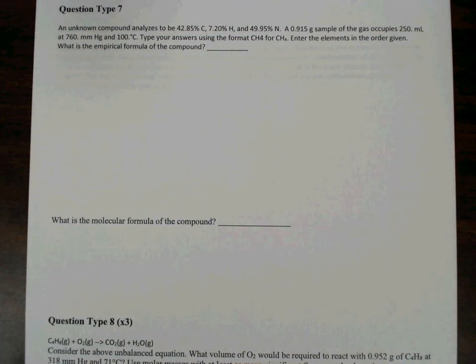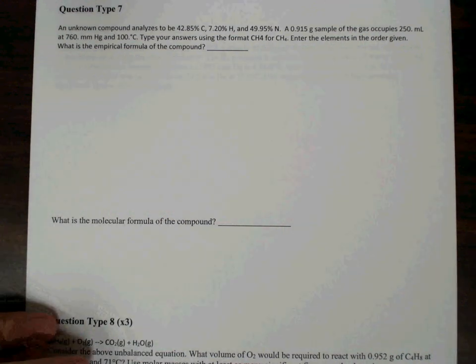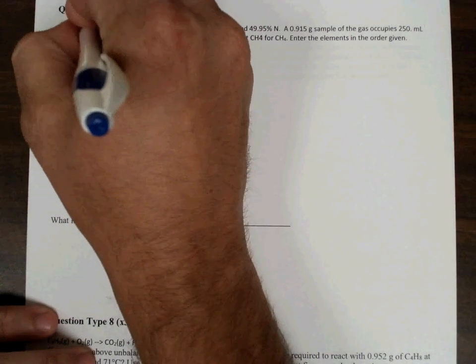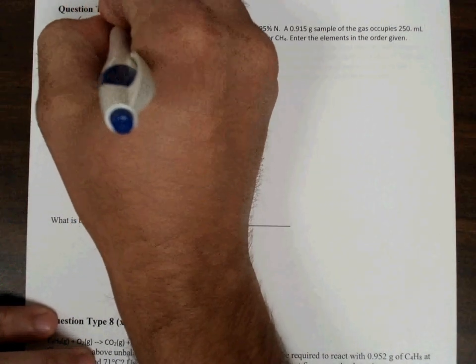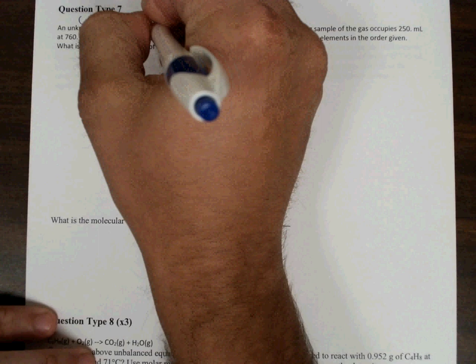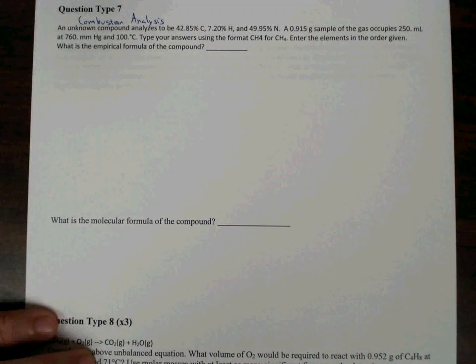Okay, so for gas and gas stoichiometry, question type 7 is going to be a lot more work than what we're used to doing. And that's because this is going to be part combustion analysis and part gas law.